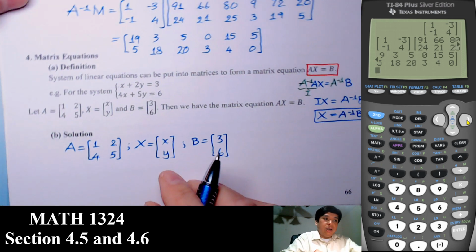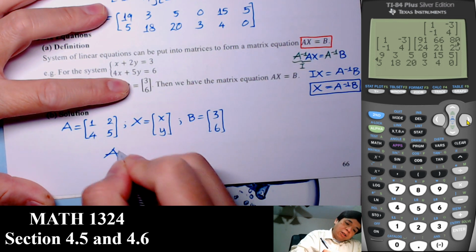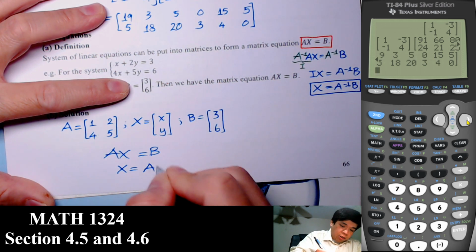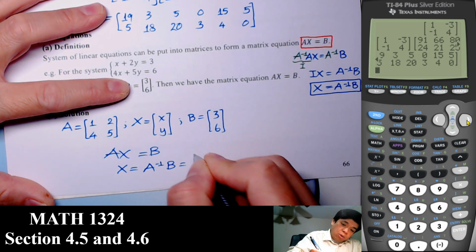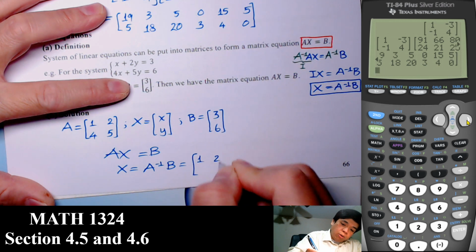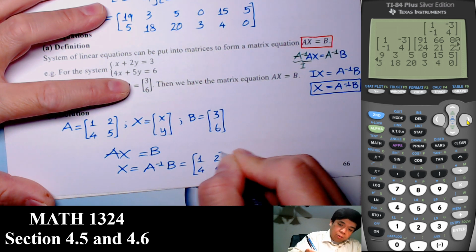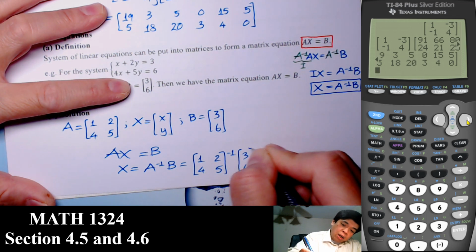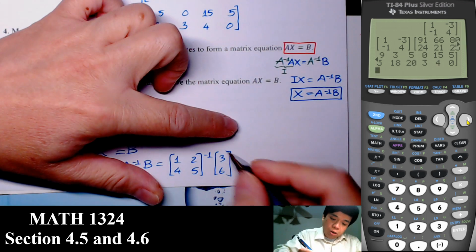So we have A times X is equal to B, and with that we have X equal to A inverse times B. So we have the inverse of 1, 2, 4, 5 times 3 and 6, and we know how to find the inverse of a 2 by 2, right?